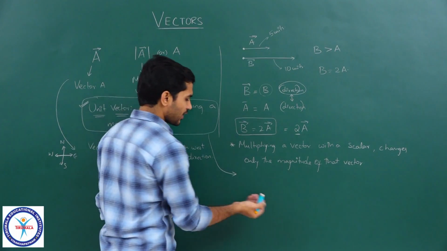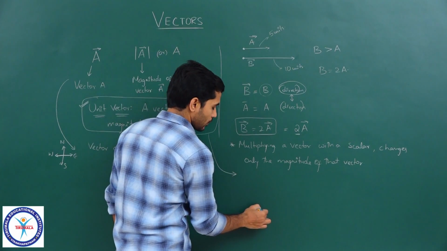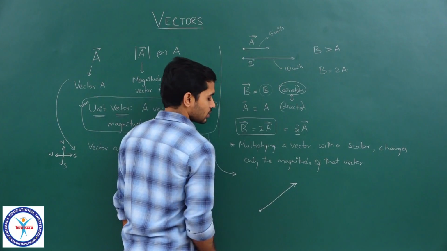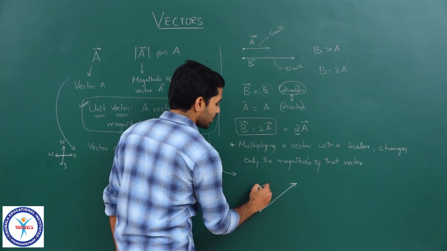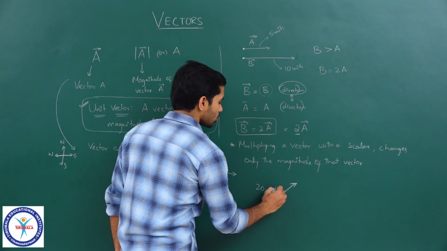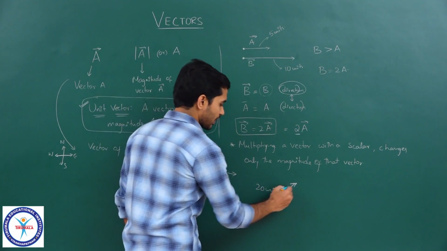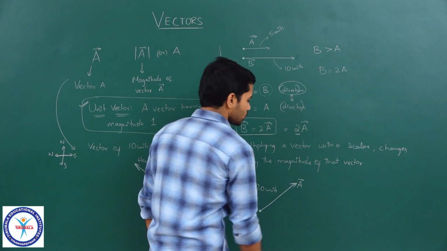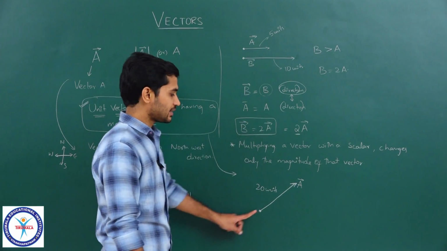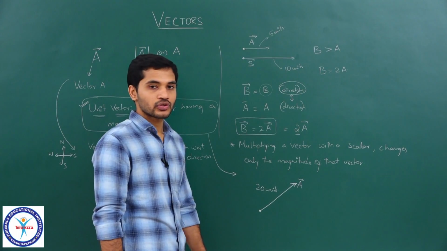So can I say, if I have a vector which is in this direction having a magnitude of some 20 units, what can I say? Let's say this vector is called A bar. So I have a vector A bar which is in this direction having a magnitude of 20 units.